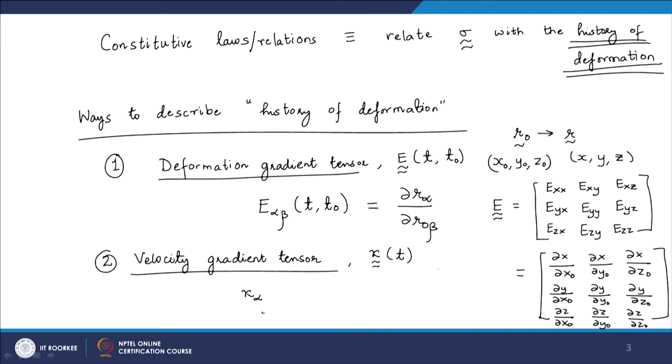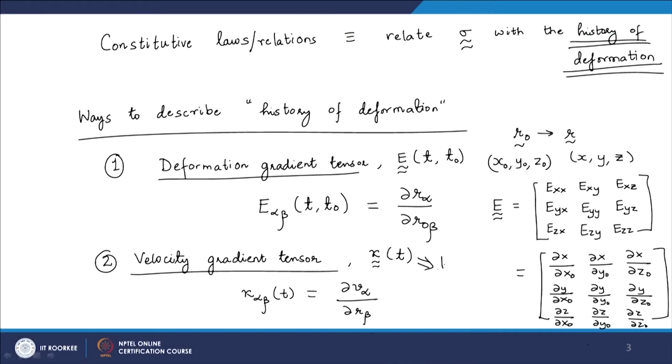This is written as dou v alpha, where v alpha is the alpha component of the velocity, by dou r beta. So, unlike the deformation gradient tensor, the state at t naught is not coming into the picture.